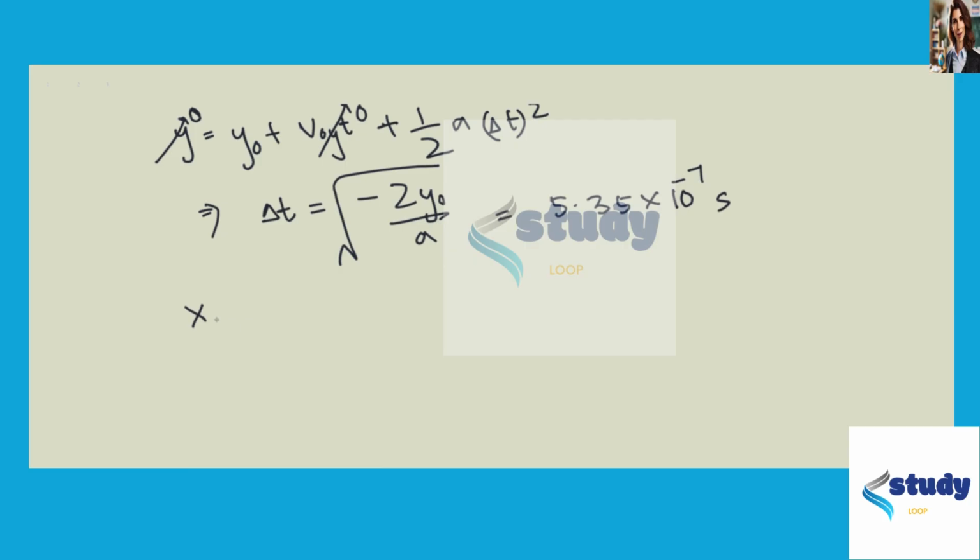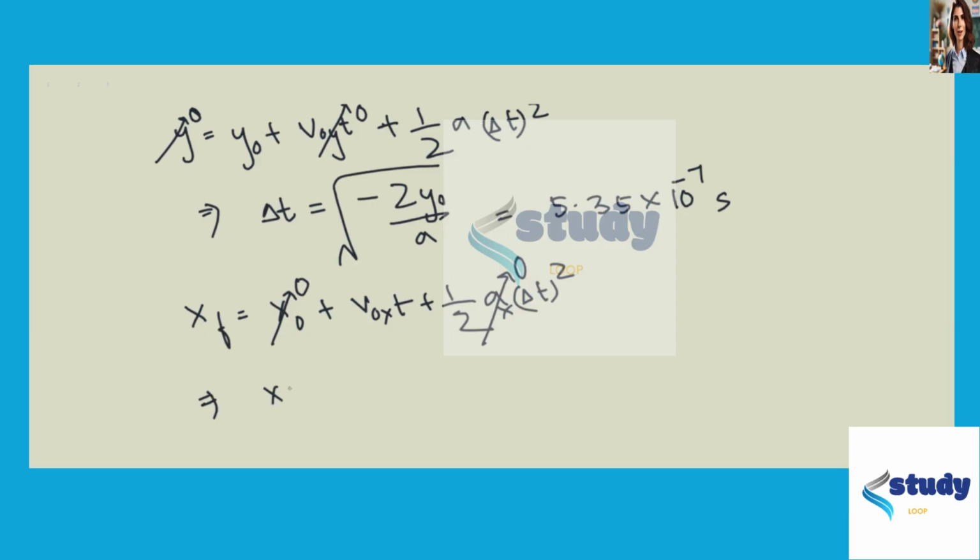So now we find x_f at this time. Acceleration in the horizontal direction is 0, so the last term goes to 0. Also x naught is 0.